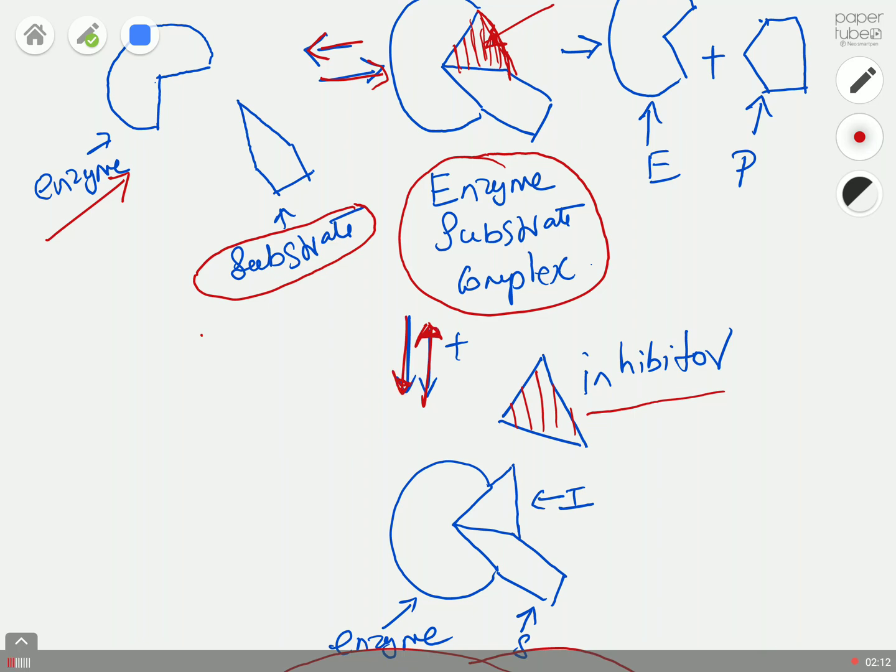So these two processes are purely physical processes. They come together, they make a complex. Enzyme and substrate come together to form an enzyme substrate complex. Once they come together, you can expect some conformational change which creates some new binding pockets which can perfectly accommodate your inhibitor molecules.